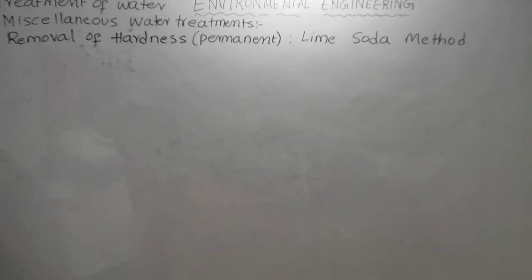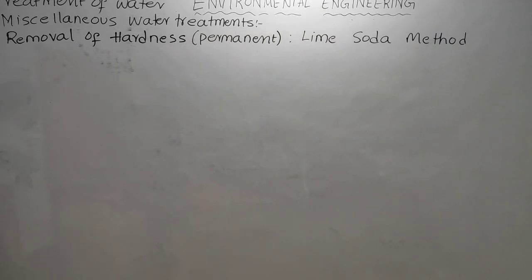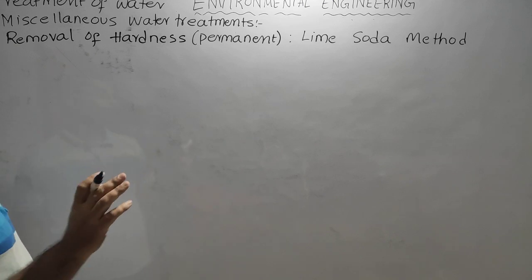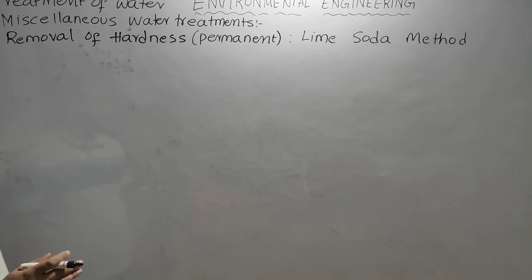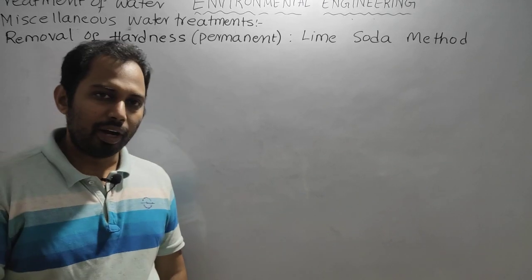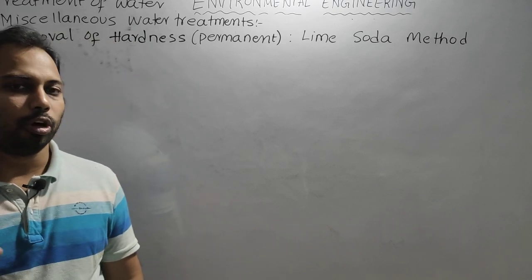In this method we use lime and soda both to remove the permanent hardness as well as the temporary hardness; both can be removed at a time. There won't be separate water which has only permanent hardness or only temporary hardness. It won't be like that.